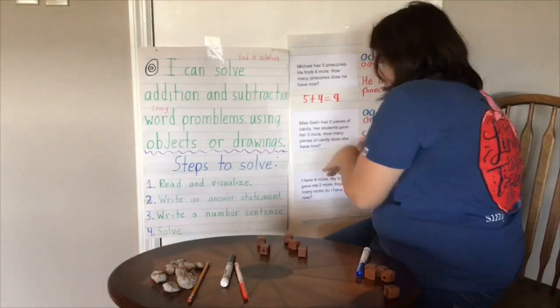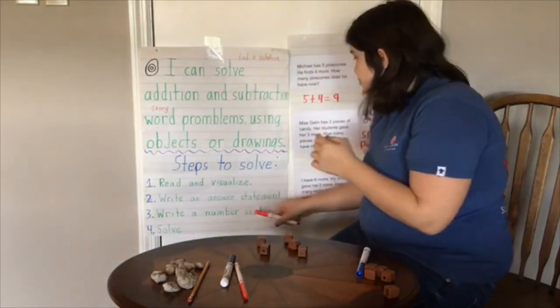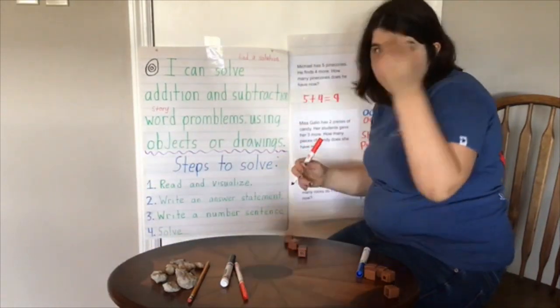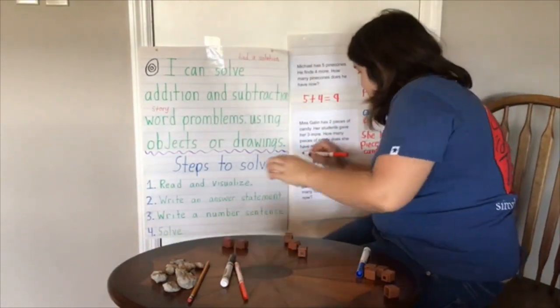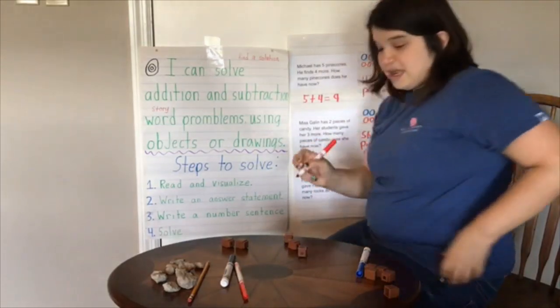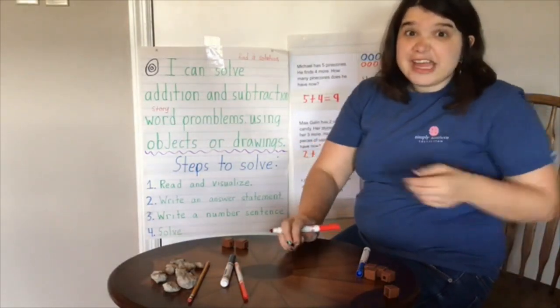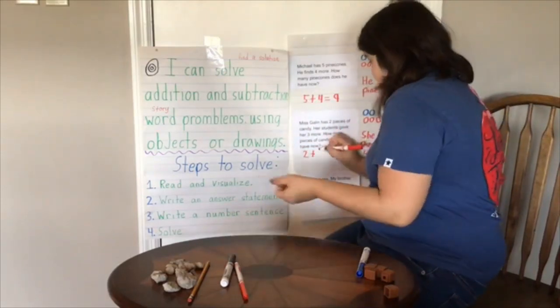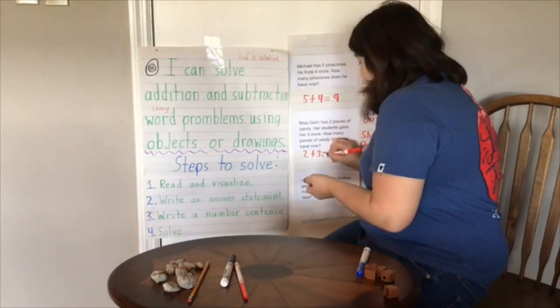Third step is to write a number sentence. So Miss Gallen, she started with 2. So I write 2 plus she got 3 more. So I'm adding 3 more equals.